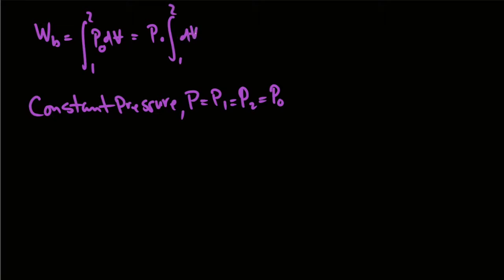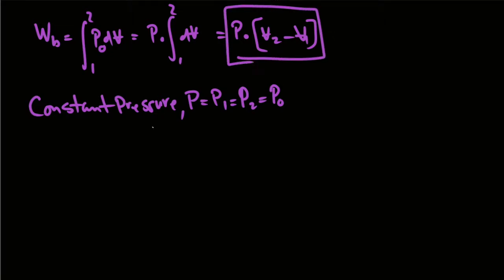We're just left with dV from 1 to 2, which is equal to P naught times V2 minus V1. And this is the boundary work for a constant pressure process.